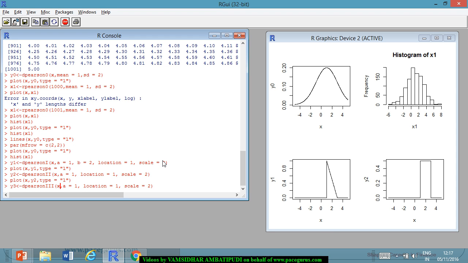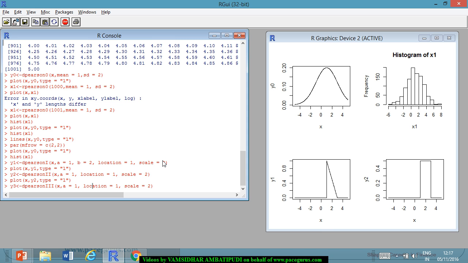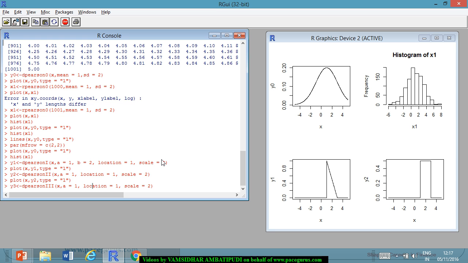So what we can do is, the scale we can still keep as 2. Location we can still keep as 1. Now I have to add a shape parameter. So instead of a equal to 1, let me directly set shape equal to 1.